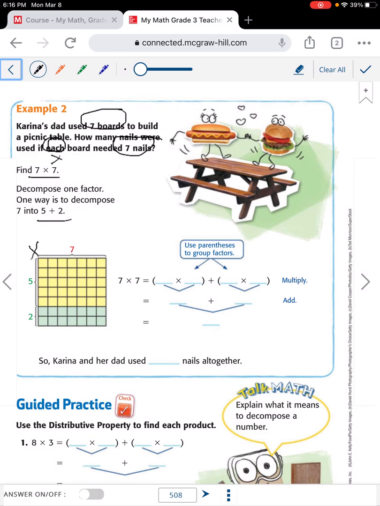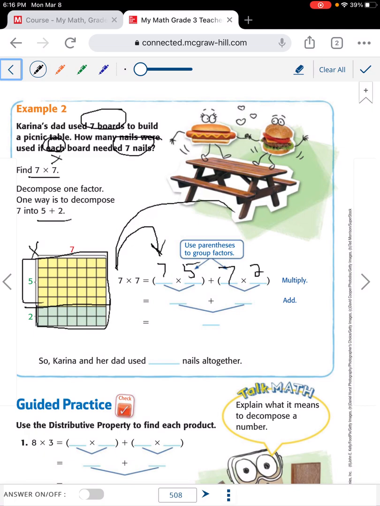So as you can see, we have one array that has a 5. So that's going to be the 7 times 5. And then our second array is 7 times 2. Now what I want to talk about is the distributive property, what it means to distribute. So the word distribute literally means to take something and move it into groups.